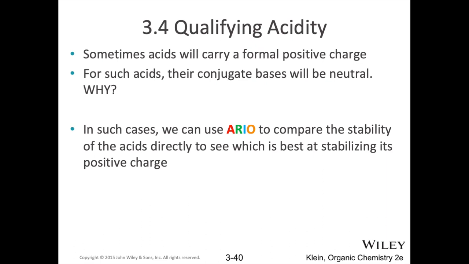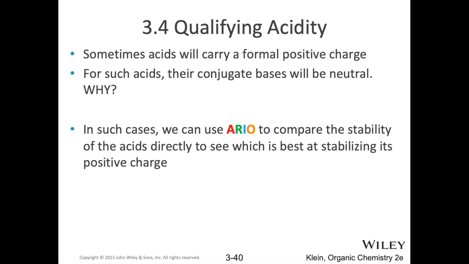In this scenario, you want to look at your acid itself and see how bad it is at stabilizing that positive charge. You're thinking of this backwards in a way, but you're still using that ARIO checklist in that order of priority to determine which is better or worse at stabilizing a positive charge.